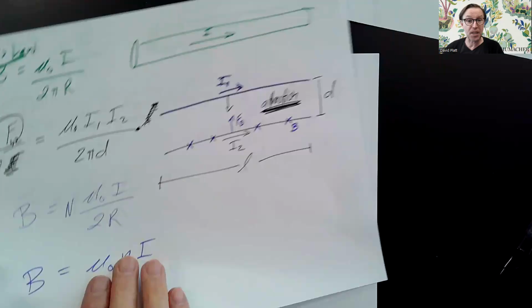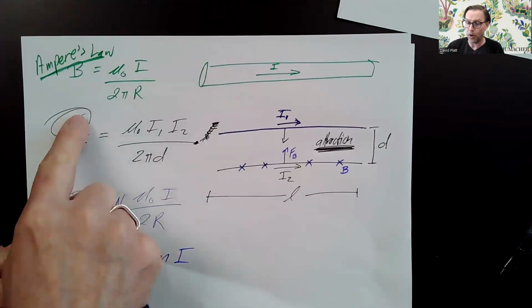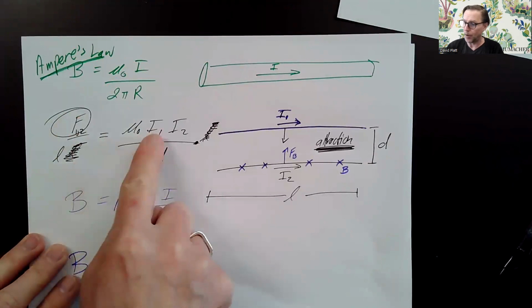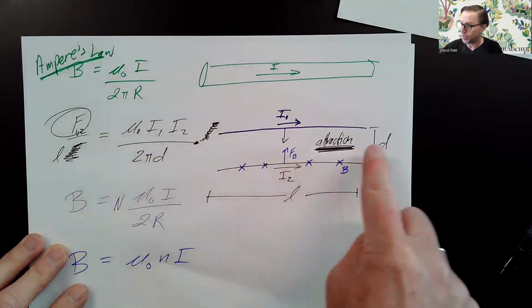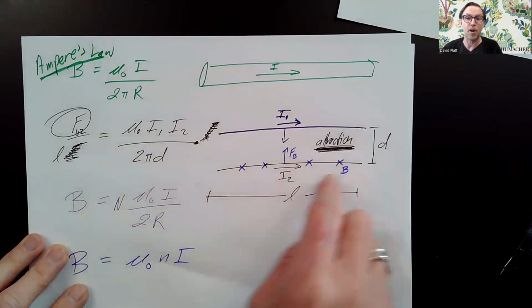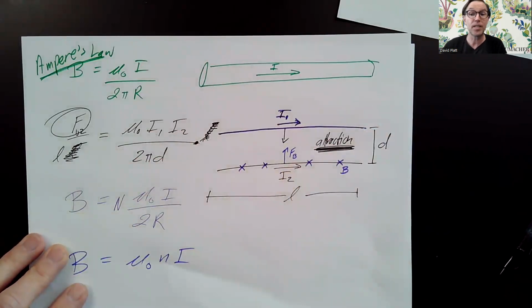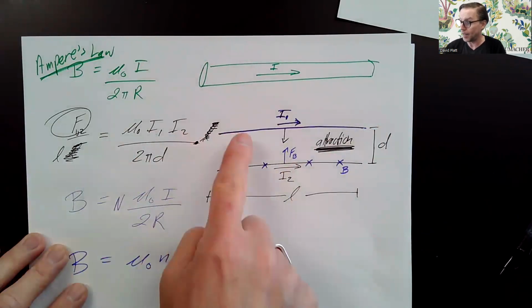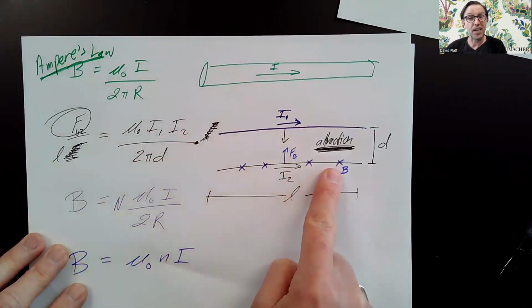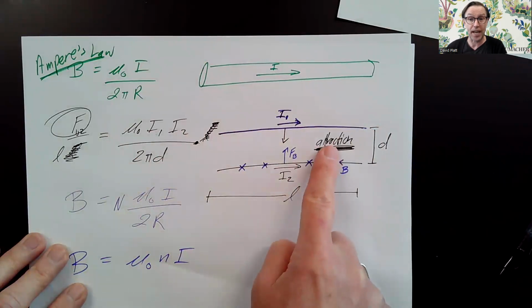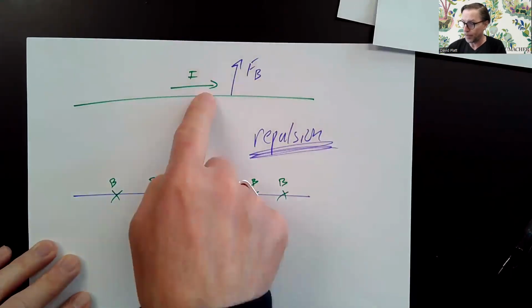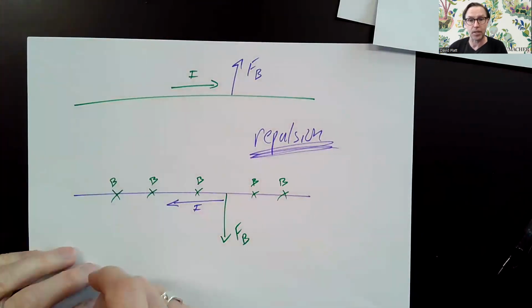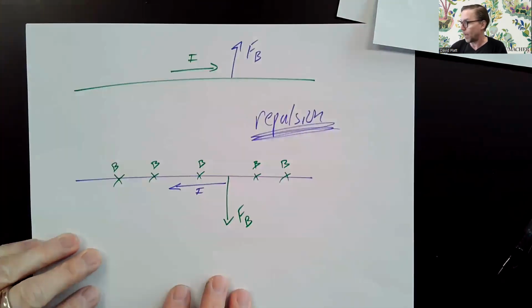How hard do they attract or repel each other? The force per unit length is mu naught I1 I2 over 2 pi d, where I1 and I2 are the two currents, and d is how far apart they are. You could summarize this by saying these two have current in the same direction, so likes attract. And these two wires have currents in opposite directions, so opposites repel.